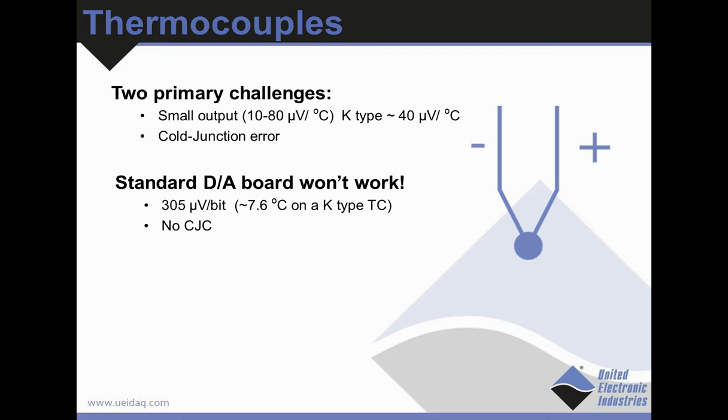So the first specific thing we're going to chat about is thermocouples. And I'm not sure if everyone's familiar with a thermocouple, but basically, if you take 2 dissimilar metals and attach them, they create an output voltage called the Seebeck voltage. And that output voltage is not a linear function, but it's a well-defined function of temperature. So if you measure the output voltage of the thermocouple, you can convert that to temperature.